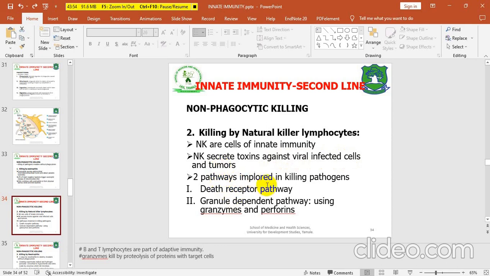So they do this by employing two ways. One is by death receptor pathway, that's they elicit their signals through an antigen receptor pathway, and they also produce granzymes which kill by proteolysis of proteins within target cells. So these granzymes are chemicals that kill microbes.